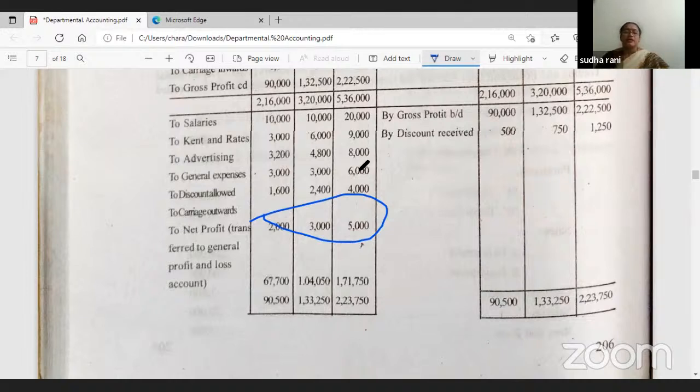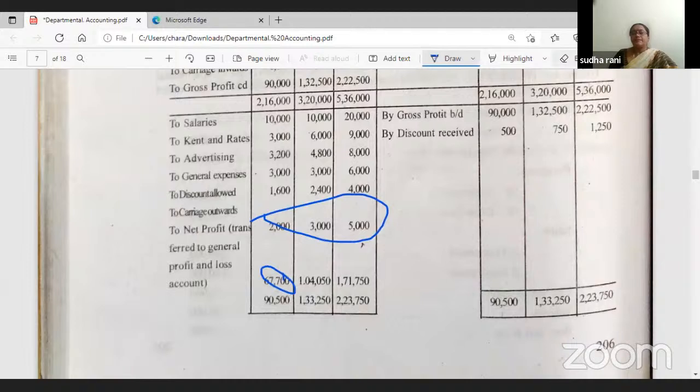The debit total is somewhere around 23,800, and the credit total is around 22,800. So the difference is going to be the net profit of 67,500, right? Similarly for B department.